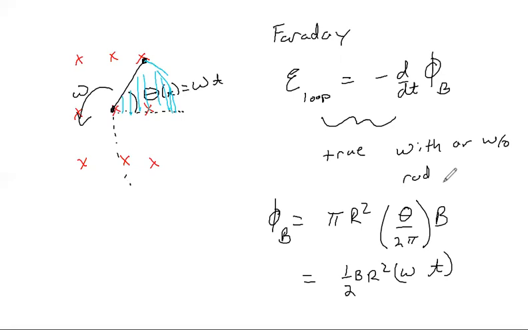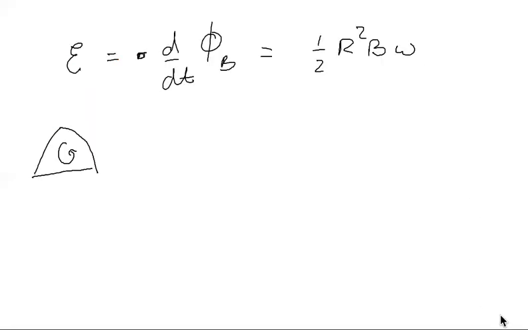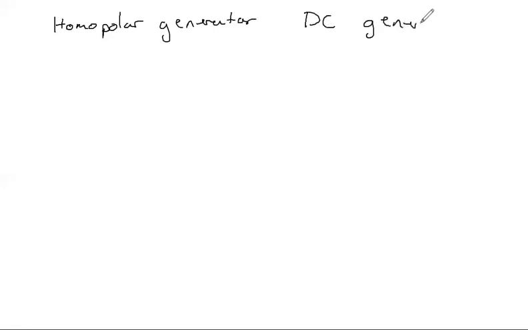Okay, so now using this picture, we can talk about a homopolar generator, which will be a DC generator. Okay, so the picture that we will have is the following.